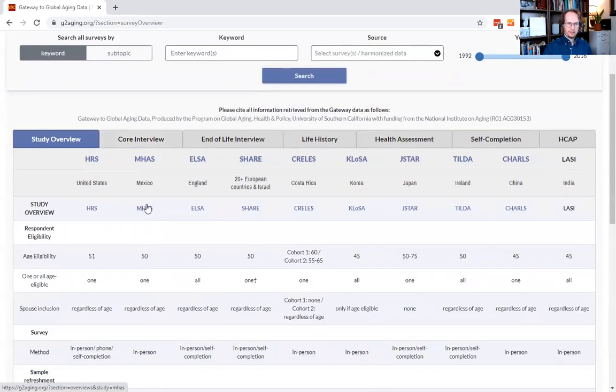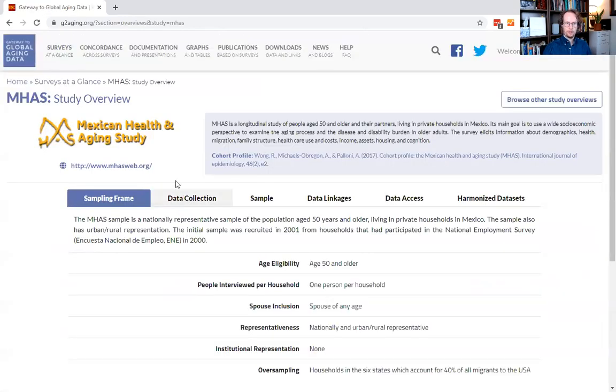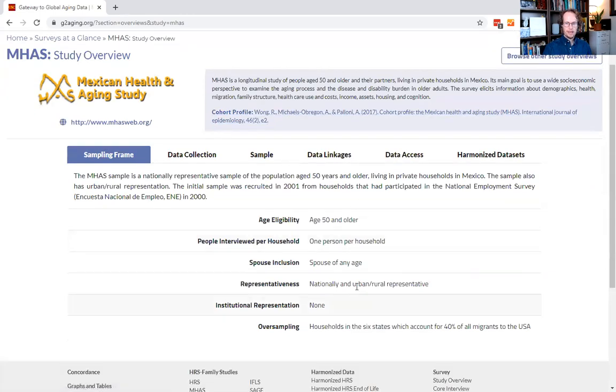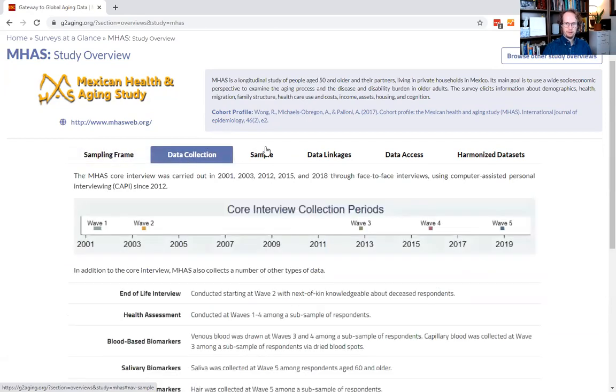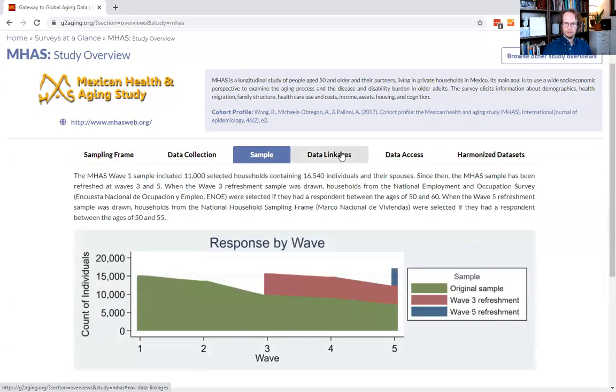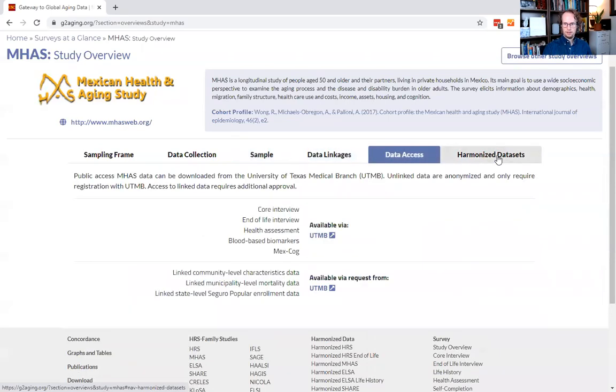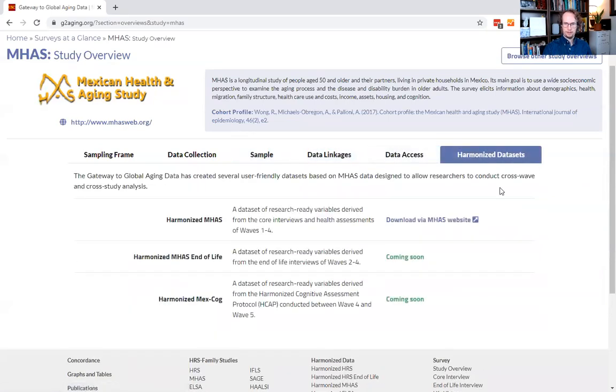And then also on study overview, we have a study overview page for MHAS. Here we have a link to the cohort profile. And if you're looking for any more broad information about the study and how it's collected, we have information on the sampling frame, data collection, sample, linkages, data access, and harmonized data sets.